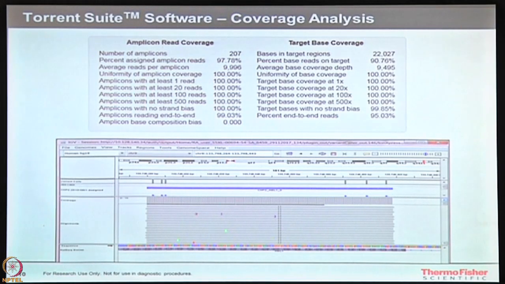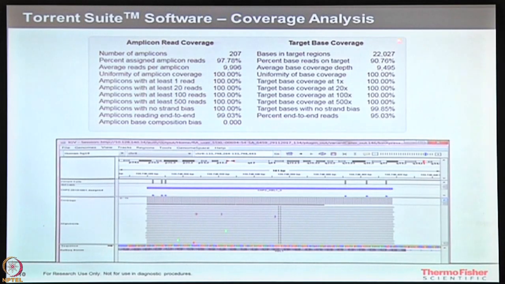I wanted to know what percentage of the bases of my reads are actually on target, aligning to my BRCA region or CHP panel region. So 90% of my bases are actually aligning to my region of interest in the cancer hotspot panel.